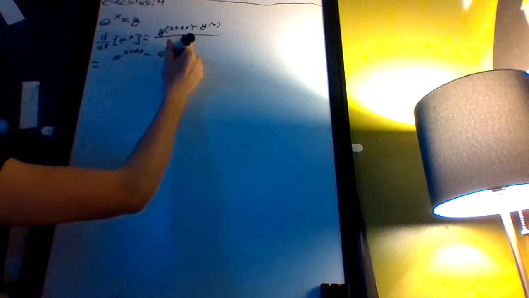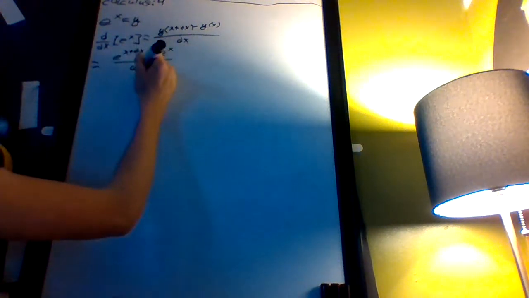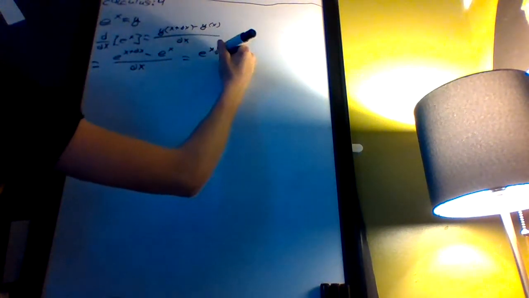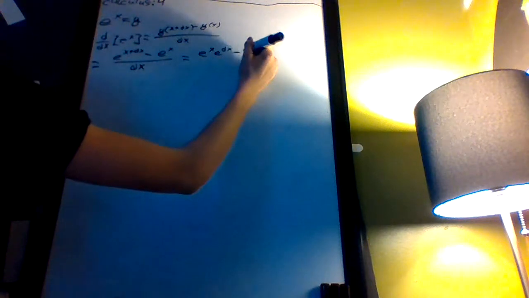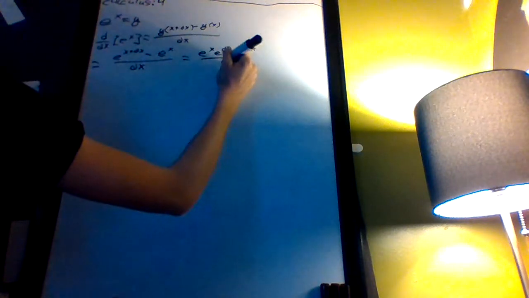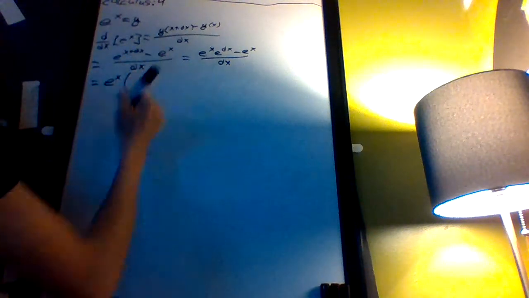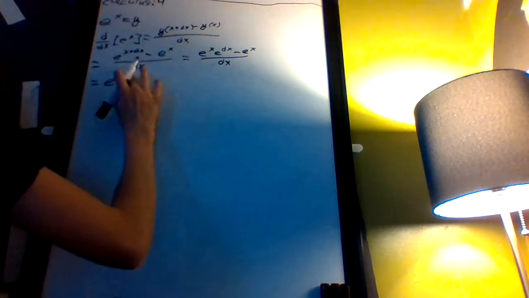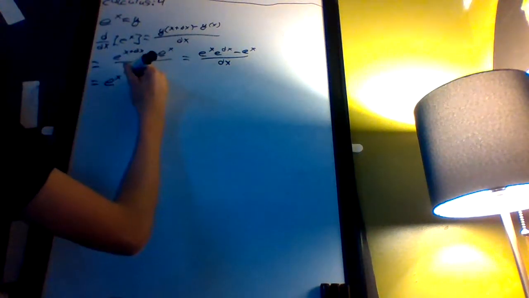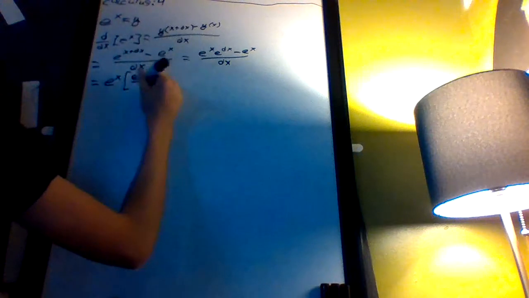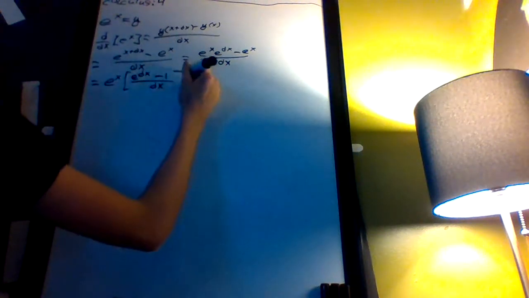Minus e to the x, dividing that by dx. Off of that, you'll get e to the x, e to the dx minus e to the x on dx. And here we get e to the x, factoring it, e to the x times e to the dx minus 1 over dx.